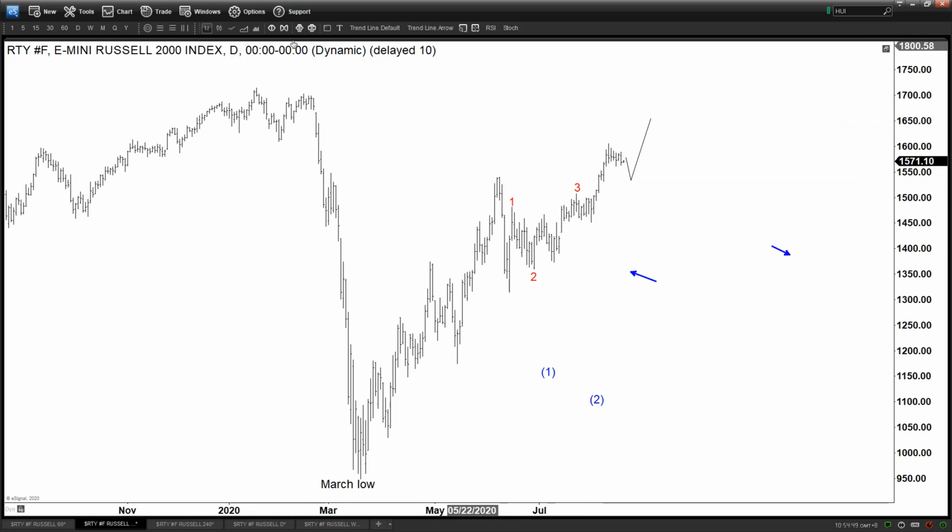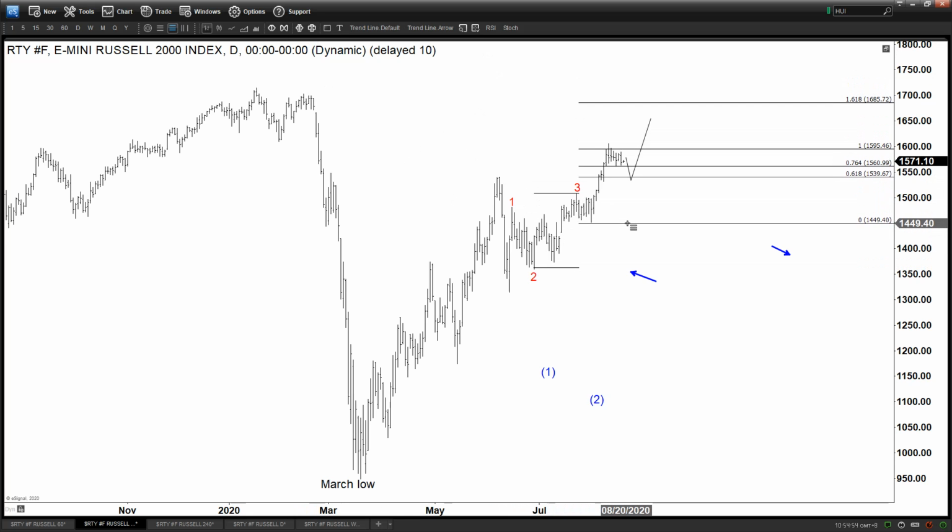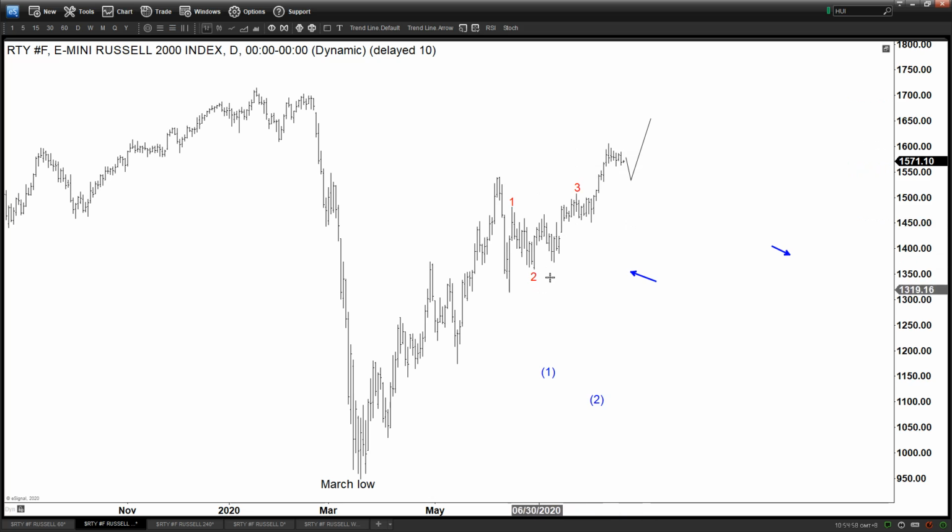Yeah, it's not even possible if you label it like this. Well, you can say it's a diagonal here with an overlap, and it ends as 5 waves, and we can start to drop because it finishes all the 5 waves.